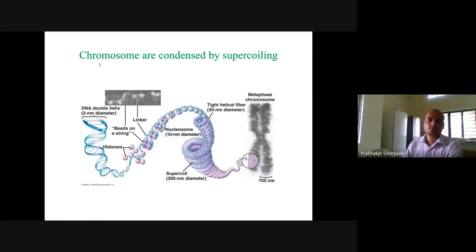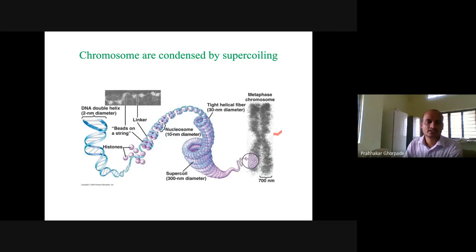Chromosomes are condensed by supercoiling. For example, this one is a metaphase chromosome. If you see, one arm of the metaphase chromosome is 700 nanometer in diameter. Each chromosome arm contains supercoiled fibers, supercoiled on itself, that is 300 nanometer in diameter, and tight helical fibers, which are 30 nanometer in diameter.